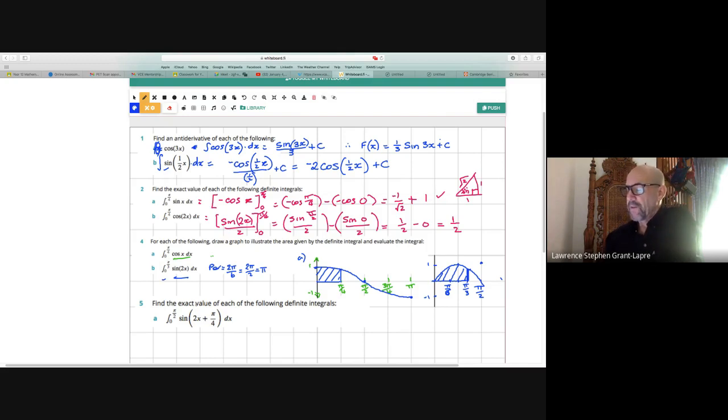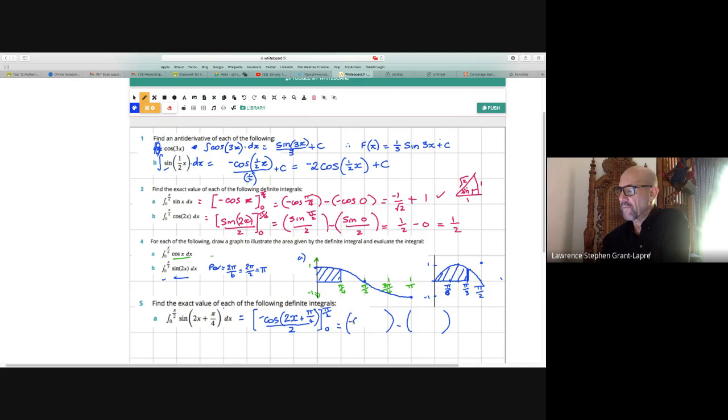Right. Find the exact value of each of the following definite integrals. Right, so that is the integral of sine, which is negative cos. The integral is negative cos of 2x plus pi over 4, and we've got to divide that by 2 and go from 0 to pi over 2. So let's substitute pi over 2, substitute 0, and get the difference.